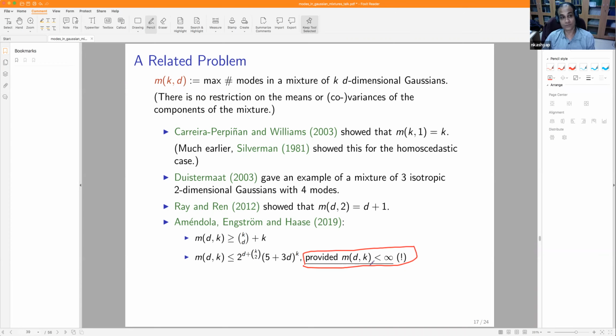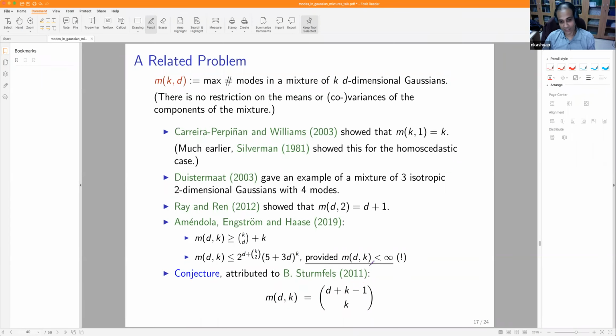There's actually no proof that a mixture of k d-dimensional Gaussians must have a finite number of modes in higher dimensions than just 1. There's a conjecture, a Newton conjecture, that gives an answer consistent with all the known answers so far, but there has been no proof of this.